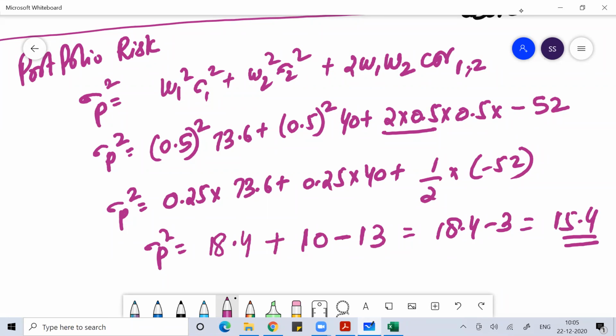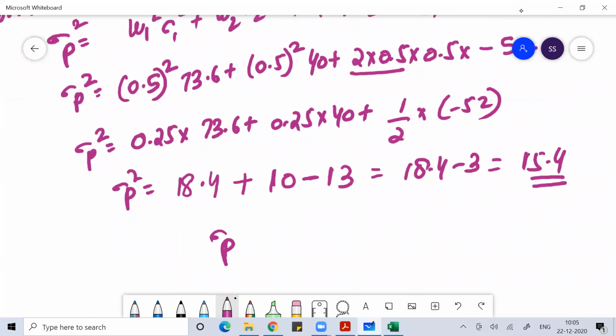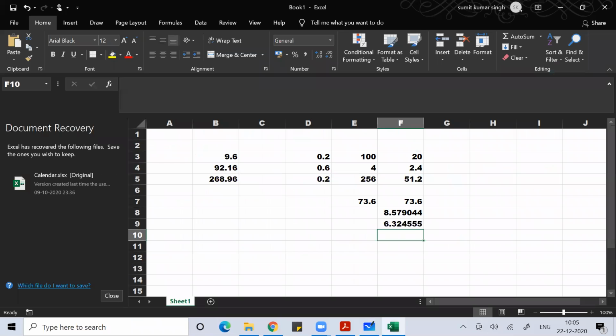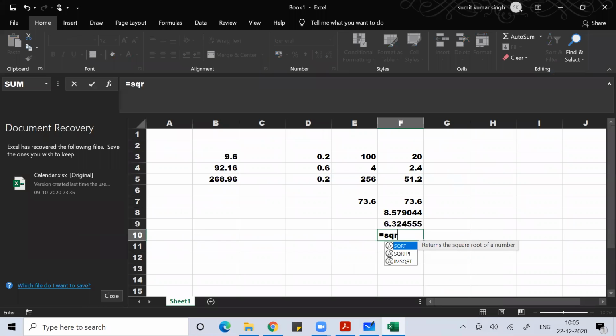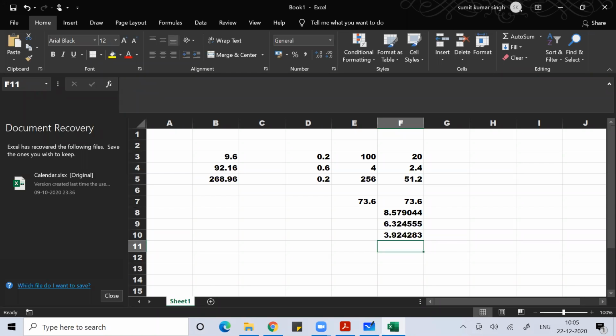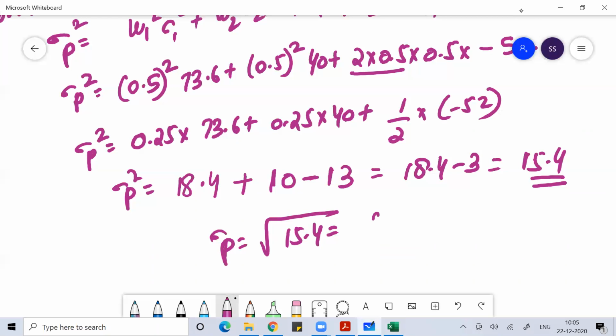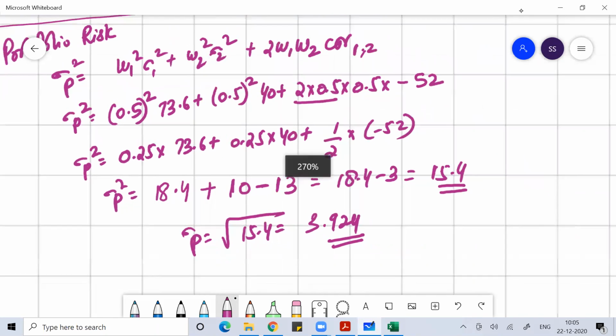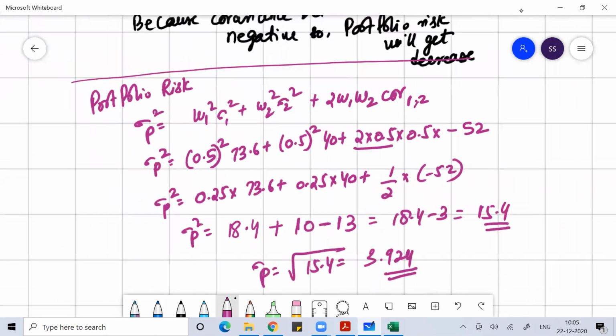That is the variance of the portfolio. So the standard deviation of the portfolio is the square root of 15.4, which is 3.924. This is the standard deviation of the portfolio.